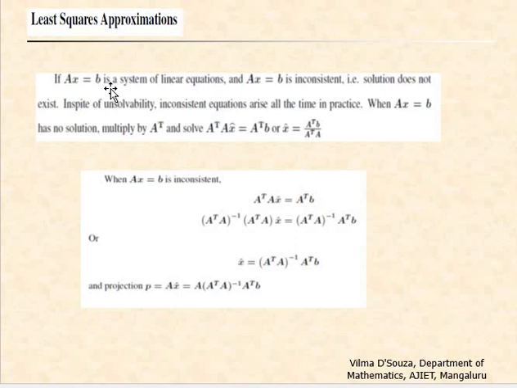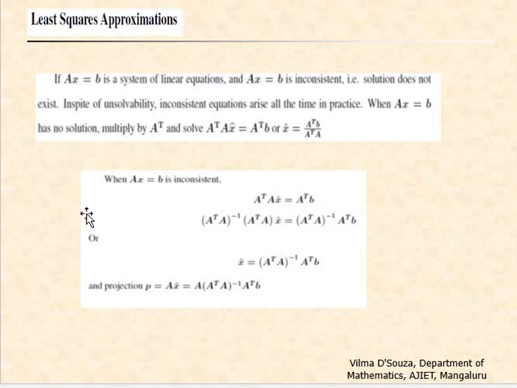How to check the consistency of a system of linear equations Ax is equal to B. You reduce it to row echelon form. If the rank of the coefficient matrix is equal to the rank of the augmented matrix, you say that the system is consistent, otherwise the system is inconsistent. If the system is inconsistent, you mean that there is no solution, right?